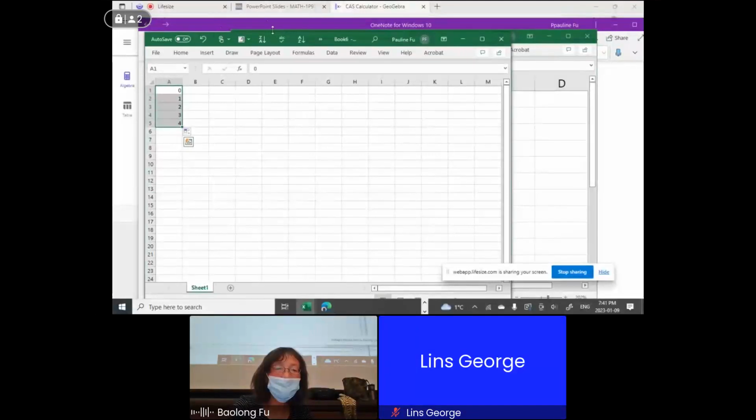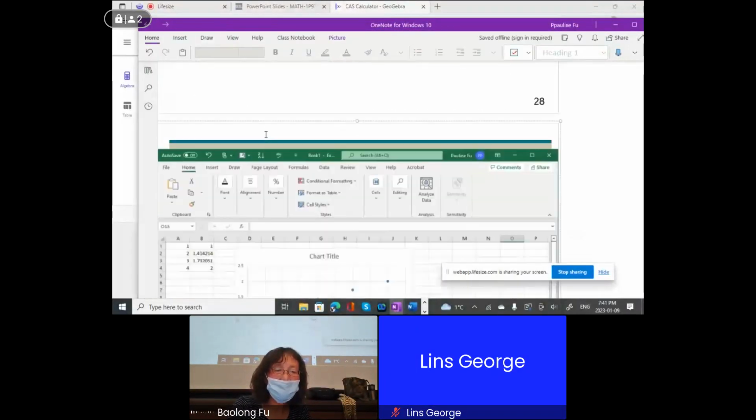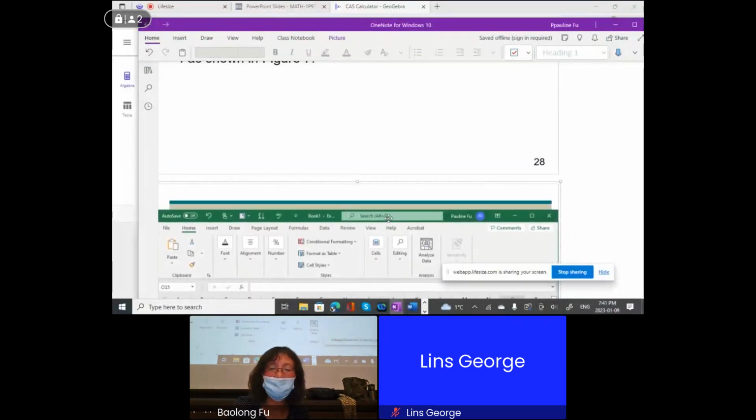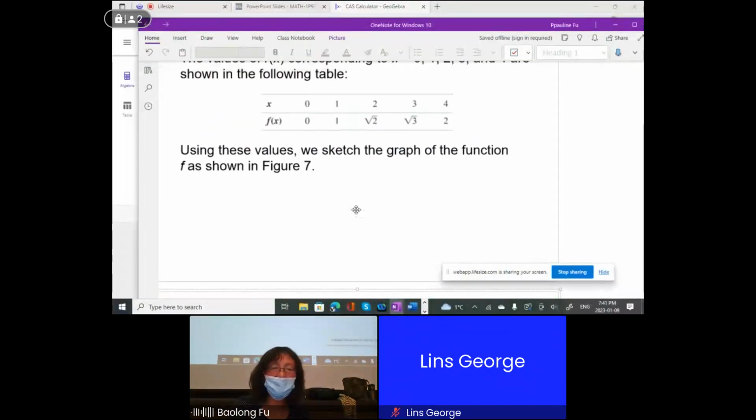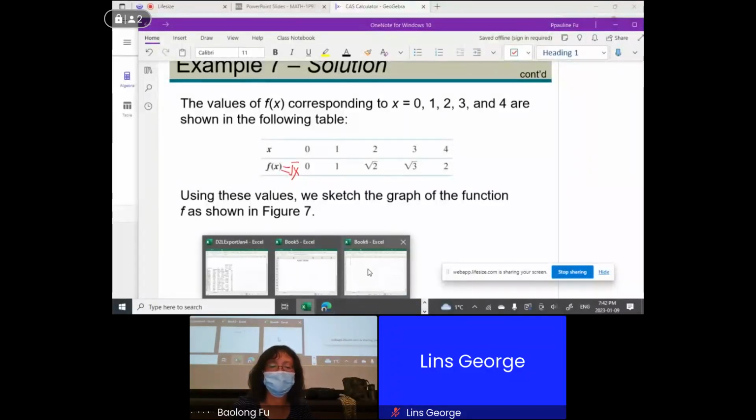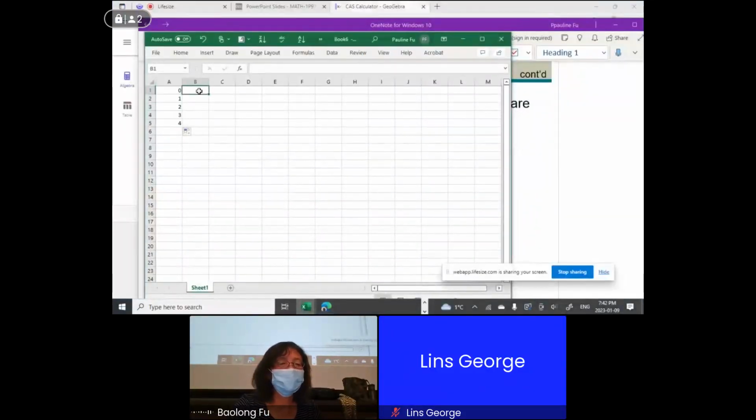And then you need the square root of this number. So f(x) is actually equal to the square root of x. Take the square root of x, that is your f(x). In Excel, it is SQRT.